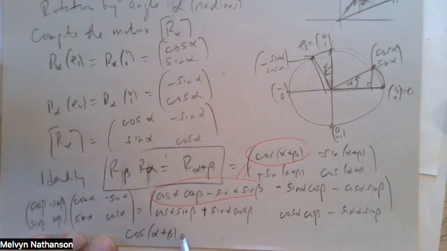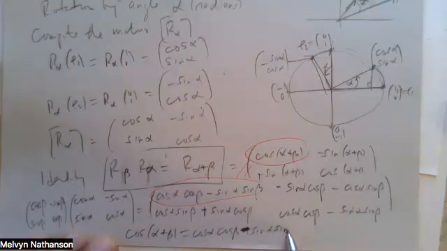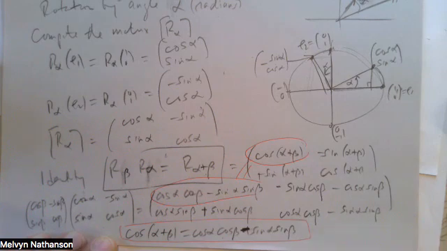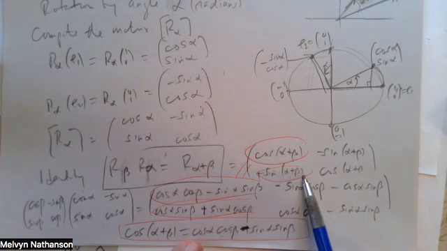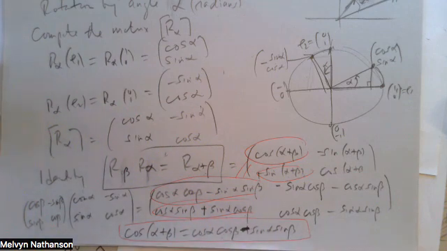Cosine of alpha plus beta is cosine alpha cosine beta minus sine alpha sine beta. And when you compare this coordinate and this coordinate, you get the addition theorem for the sine. Sine of alpha plus beta is sine alpha cosine beta plus cosine alpha sine beta. So this is the world's easiest proof of the addition theorem for the sine and the cosine.